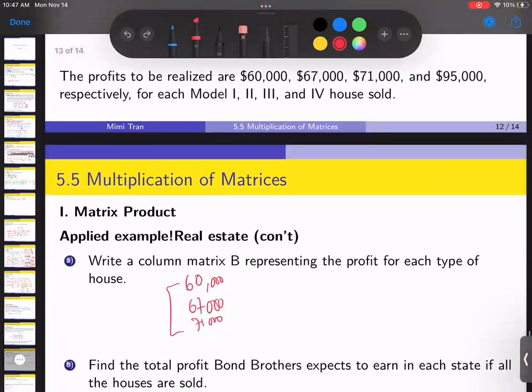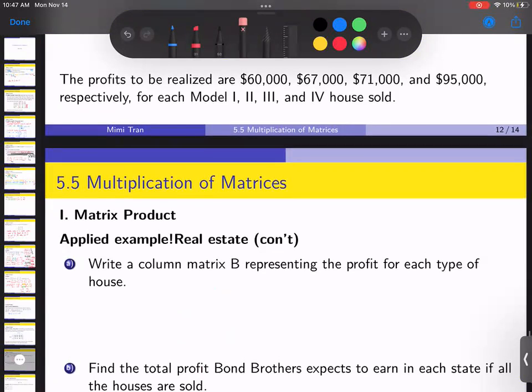Part A, I'll give you the answer. They want you to write the column matrix B representing the profit for each type of house. So column matrix means just one column. It has many rows, but only one column. Column for the profit. So what should I put in this column?